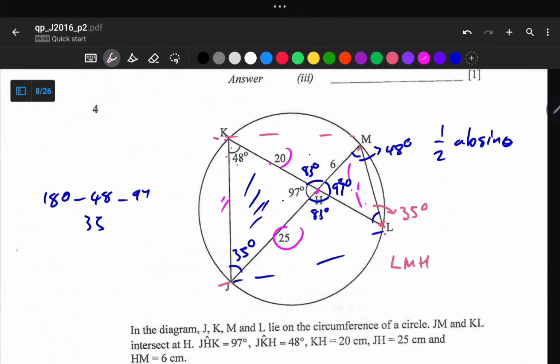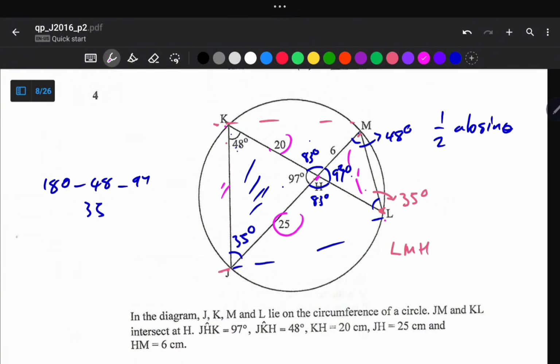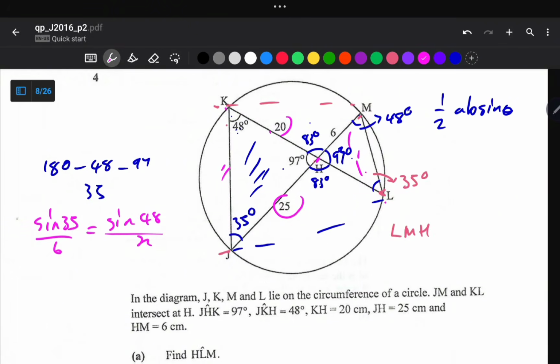HL. So for us to calculate the length of this side, we are going to use our sine rule. So the sine rule is now sine of 35 divided by 6 being equal to sine of 48 over x. Okay, so x is the length HL. So for us to calculate x, we are going to cross multiply. So it is now x sine of 35 being equal to 6 sine of 48.